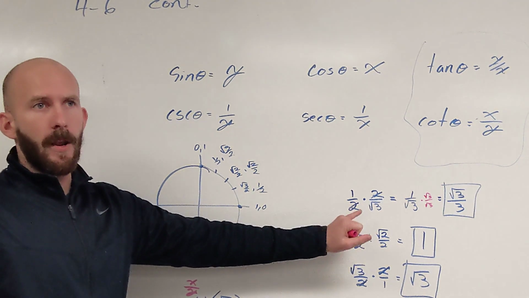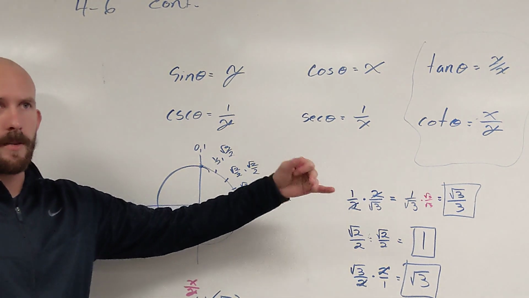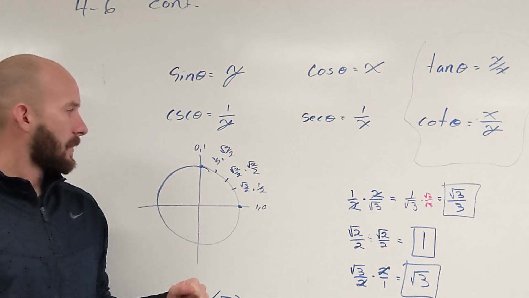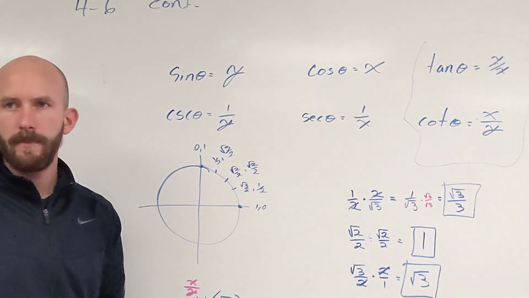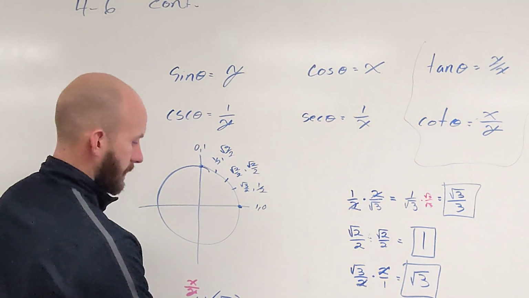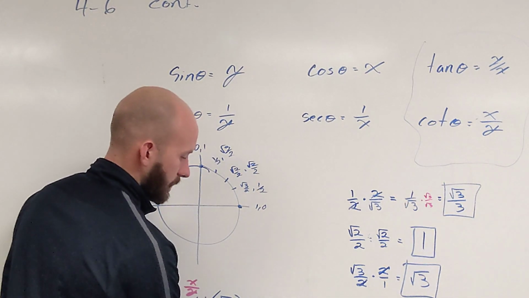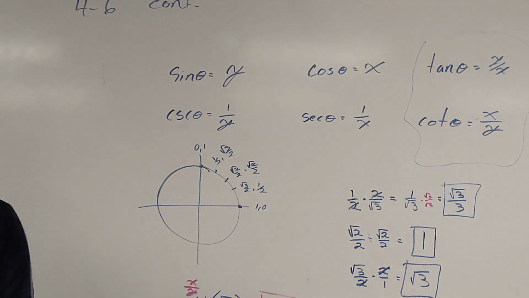But since this is cotangent, this first value has to be the x value. So where is the x value 1/2? Pi over 3. Yeah, it has to be right here, pi over 3. Does that make sense to everybody?